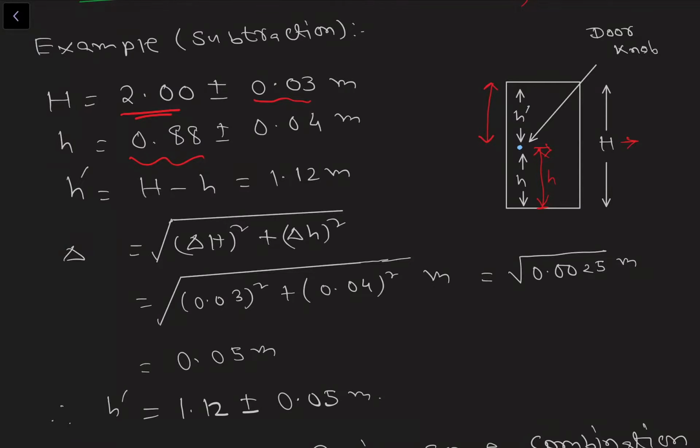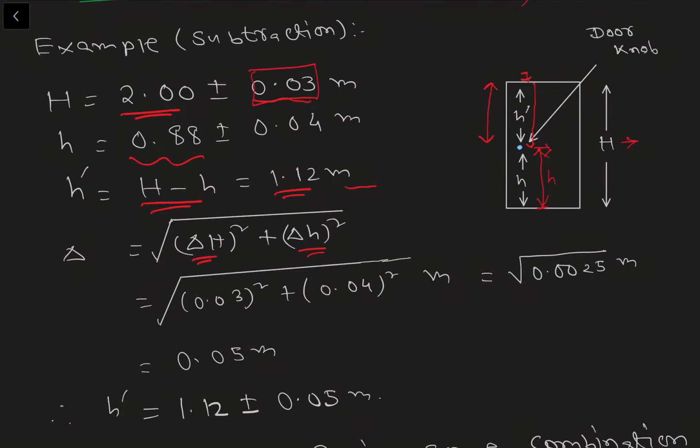Now the question is, what will be the distance of the door knob from the top of the door? To get this distance we have to subtract the height of the door knob from the bottom from the total height. It comes out to be 1.12 meter. Now let us calculate the error.